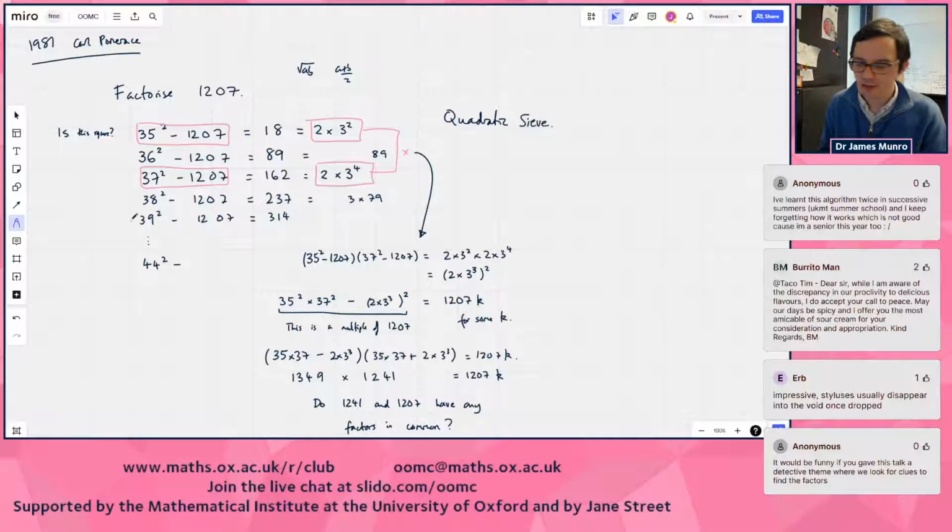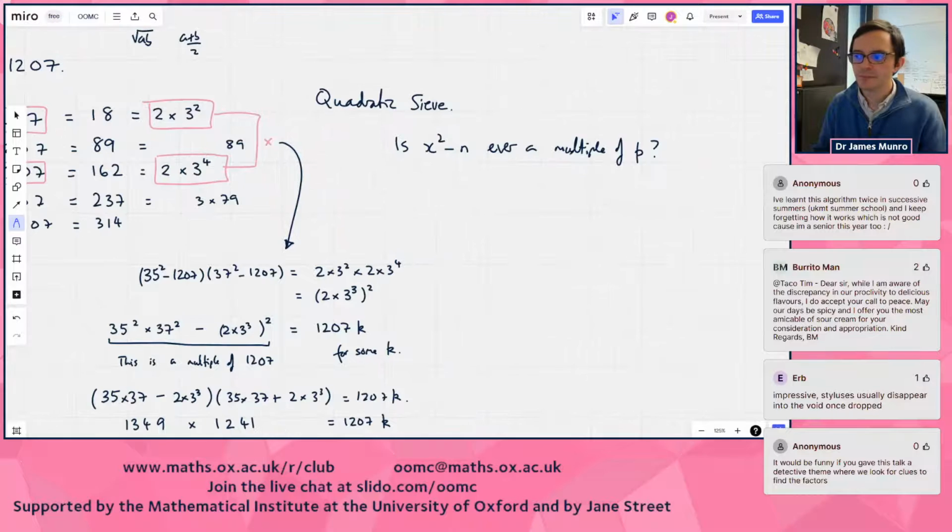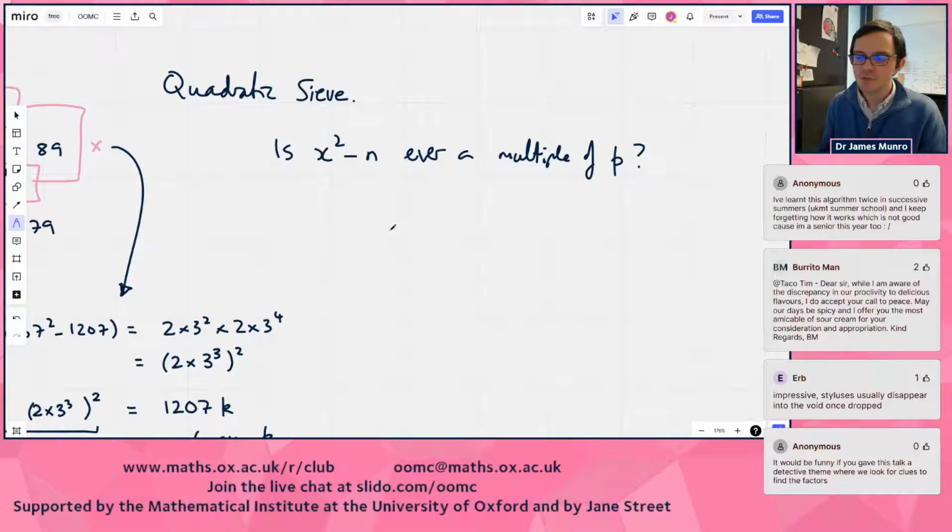Which I suppose is like saying, I'm planning to square a lot of numbers on the left. So I want to know something like, is x squared minus n ever a multiple of p? Which is a bit like saying, is x squared ever n more than a multiple of p?